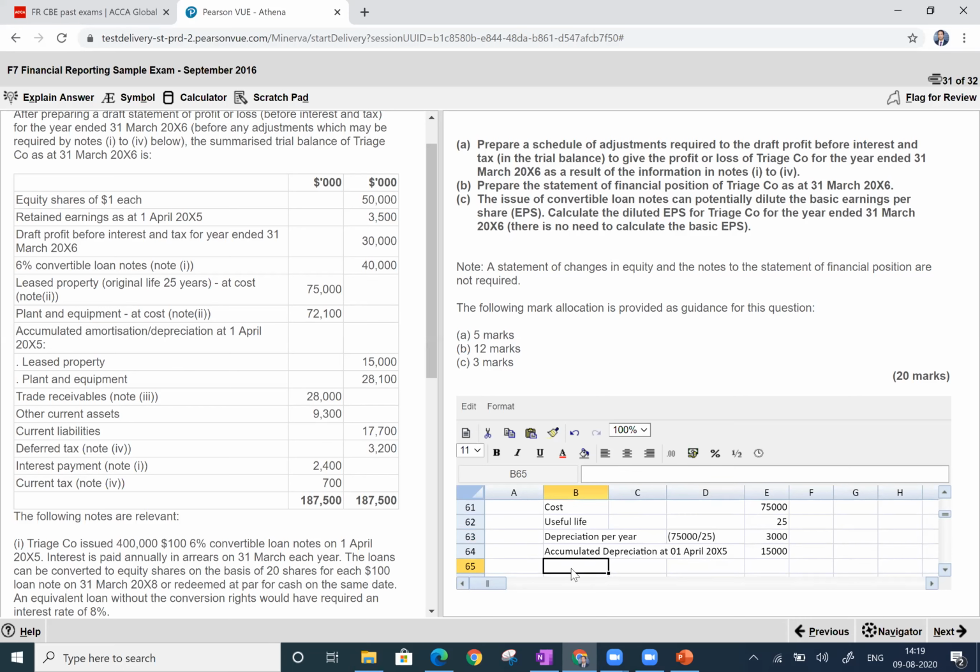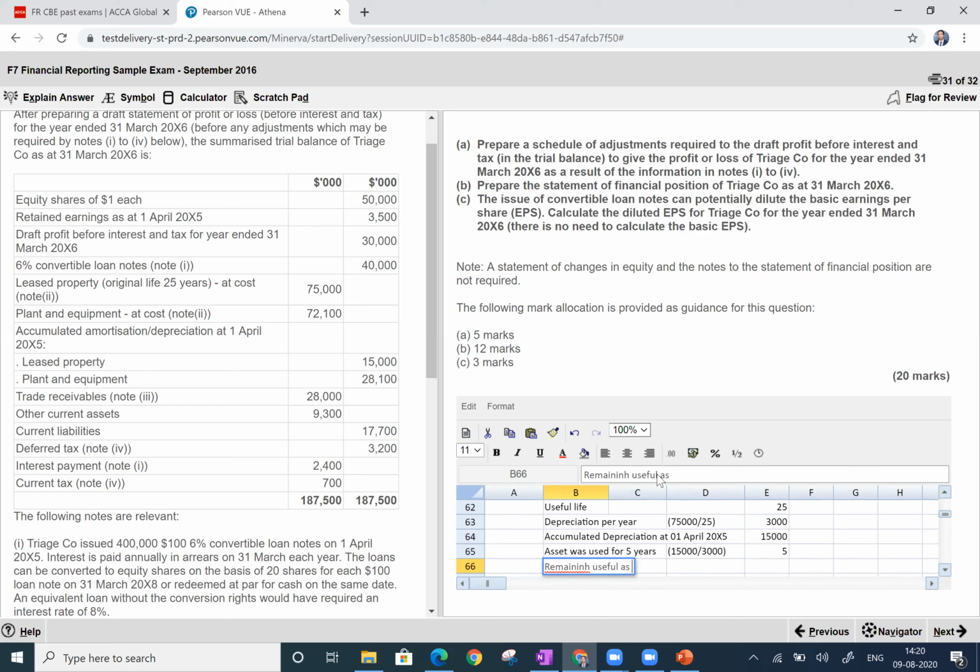Equal to 15,000 divided by 3,000. The asset was used for 5 years. At 5 years, total accumulated depreciation is 15,000, at 3,000 per year.